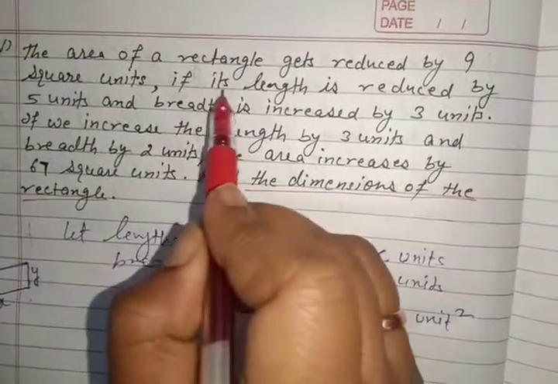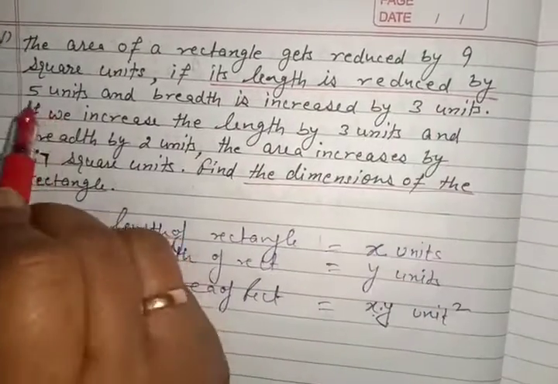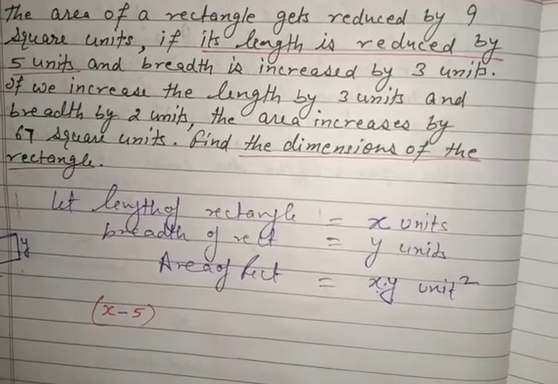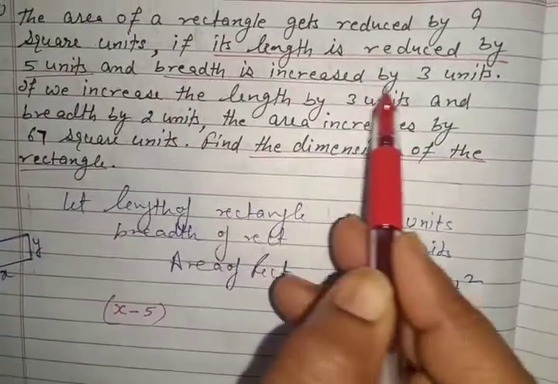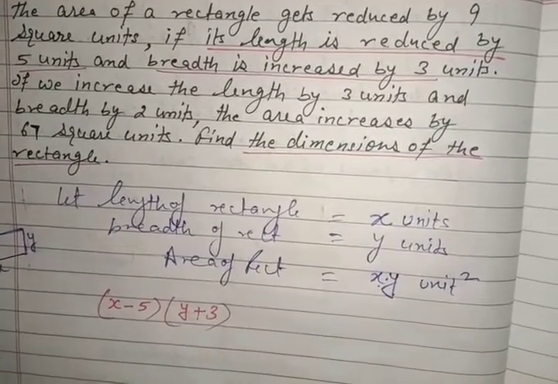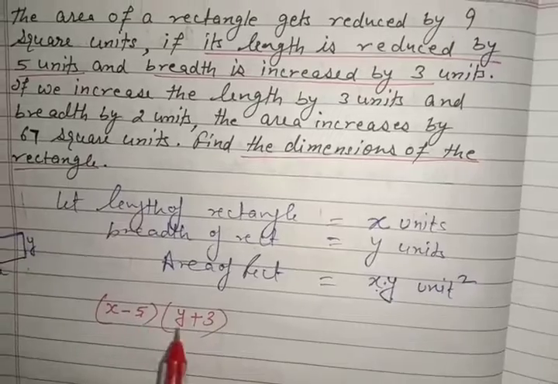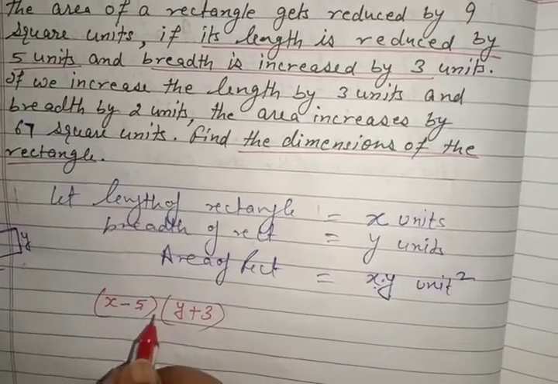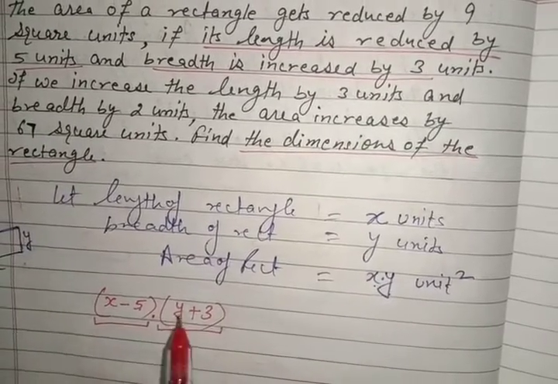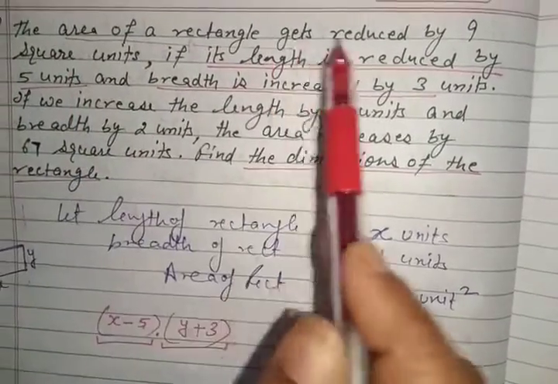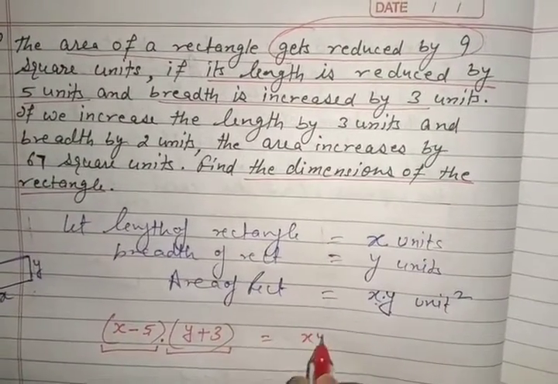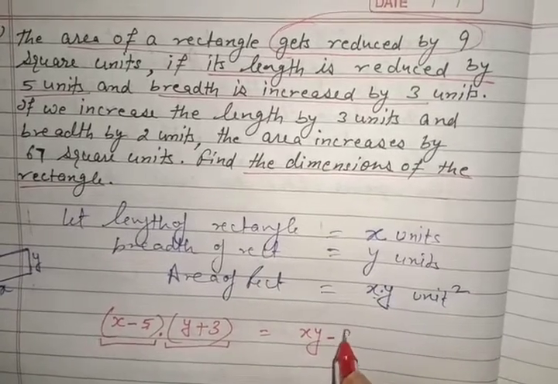Okay, if its length is reduced by 5 and breadth increased by 3, then the new area, with this new length and this new breadth, gets reduced by 9. New area means the previous area reduced by 9.